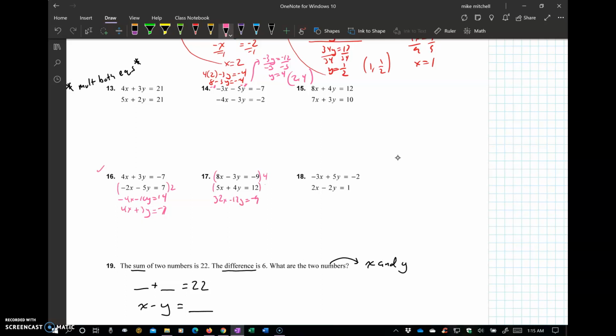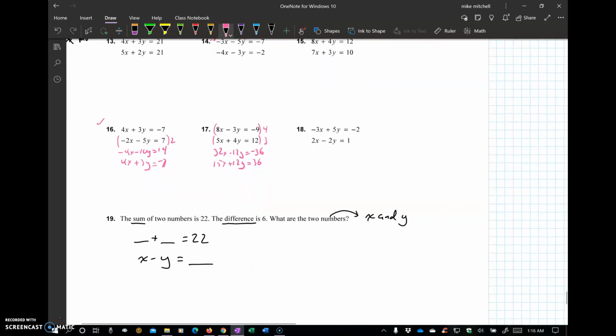I'll multiply this one by 3. 15x plus 12y equals 36. I just saw an error. I forgot to multiply this one. This should be negative 36. Now you can add them up and solve it. Okay? Other ones work pretty much the same.